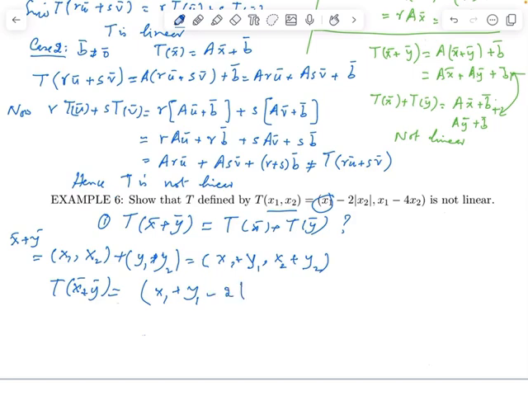So it will be 2 times the absolute value of x2 plus y2, comma. The second coordinate is the first coordinate, so x1 plus y1, minus 4 times the second coordinate, which is x2 plus y2.